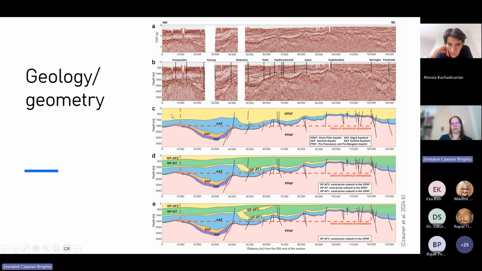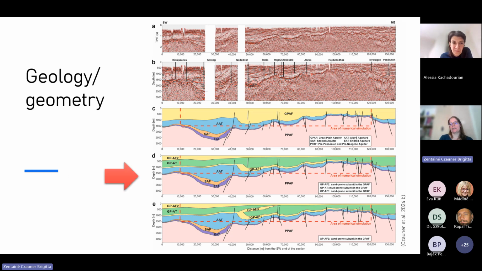Now in the first section, you can see that this yellow uppermost layer is the Great Plain Aquifer. It's a regionally unconfined aquifer system. And in the second and third versions of the geological model, we divide this regional unit into 3 and then into 4 subunits, and we also analyze the effect of this heterogeneity on the flow systems.